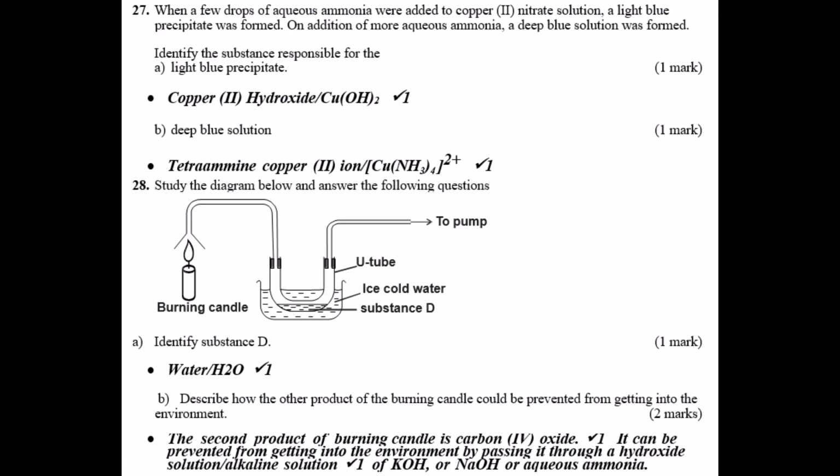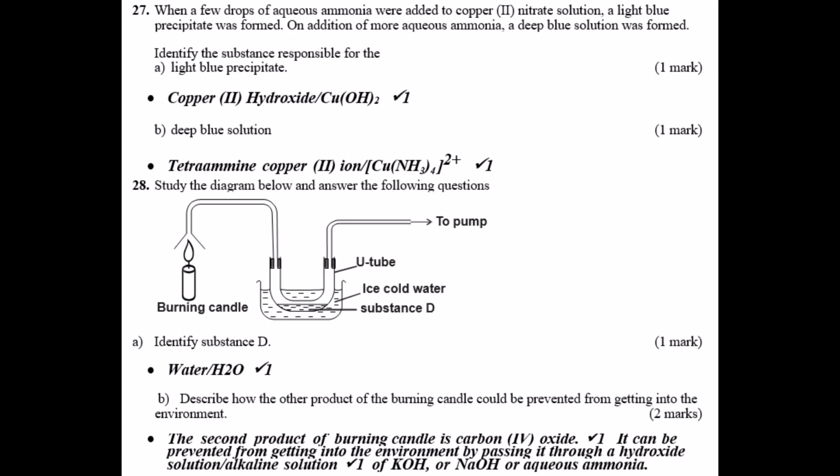With number 28, wax is just a hydrocarbon. When burnt, it gives us water and CO2. So the first product being collected in the U-tube is water. If they say identify, you can as well give the formula, H2O. It is acceptable.